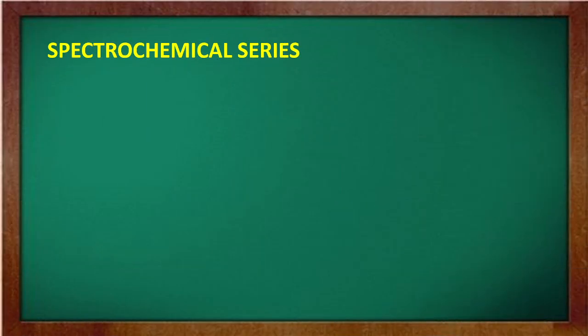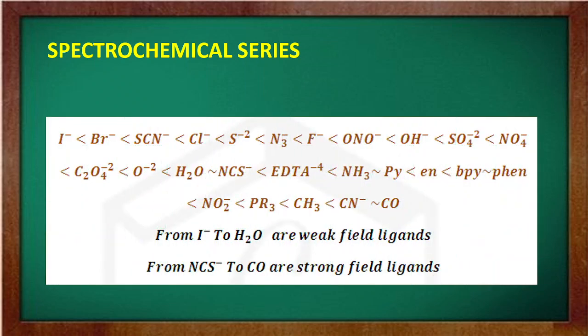Now whatever bonding is happening here, this bonding occurs based on the spectrochemical series. The spectrochemical series is just the arrangement of the ligands or ions on the basis of increasing field strength.